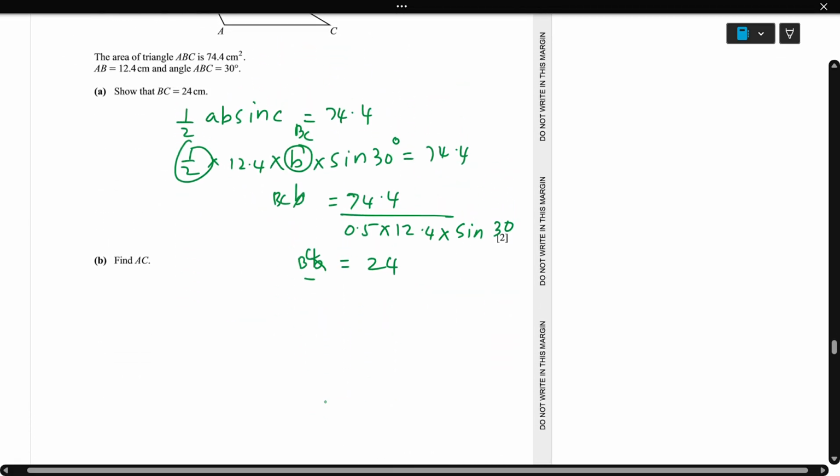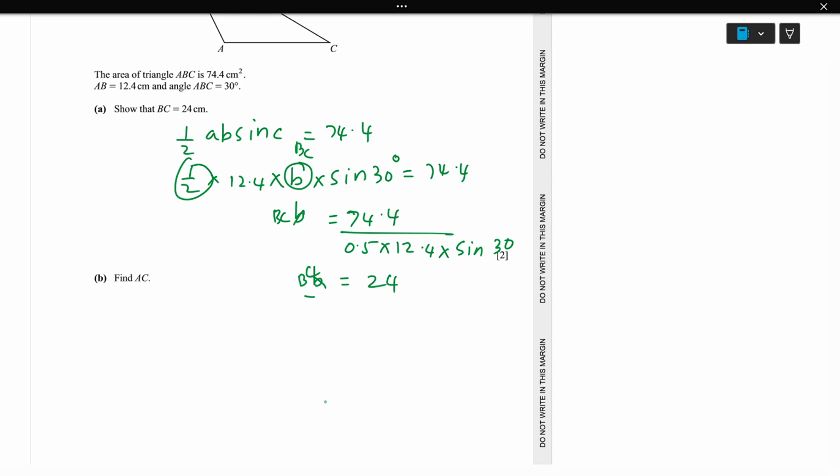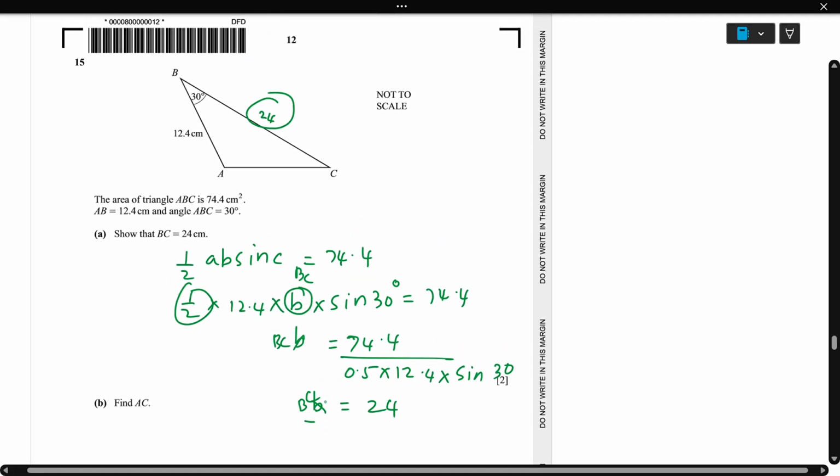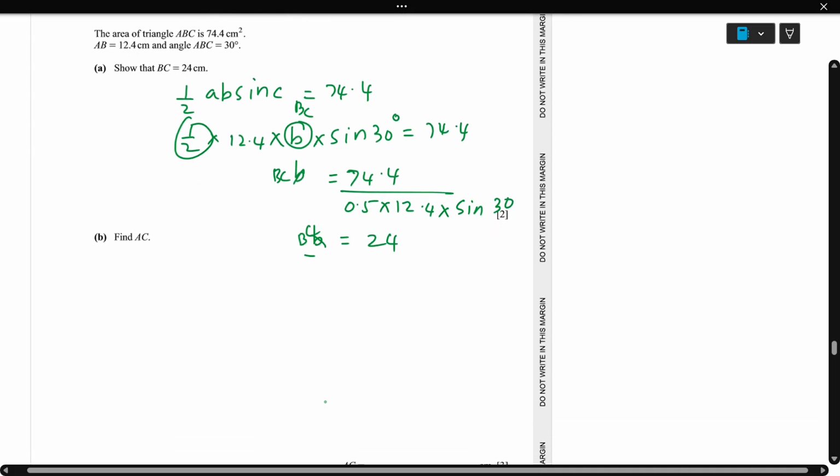Next, to find AC. We know two sides and one angle, so we have to use the cosine rule.